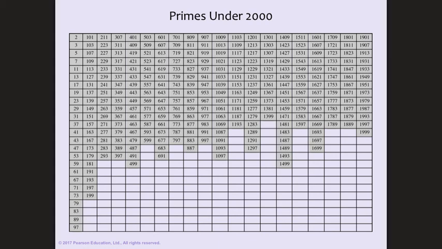There is no general formula that tells you what the prime numbers in a particular range are. The only way to figure that out is to go through the numbers one by one and test them for what they call primality. So you test whether a particular number is a prime number or not, right? And this just shows you the prime numbers in the range from 1 up to 2000.